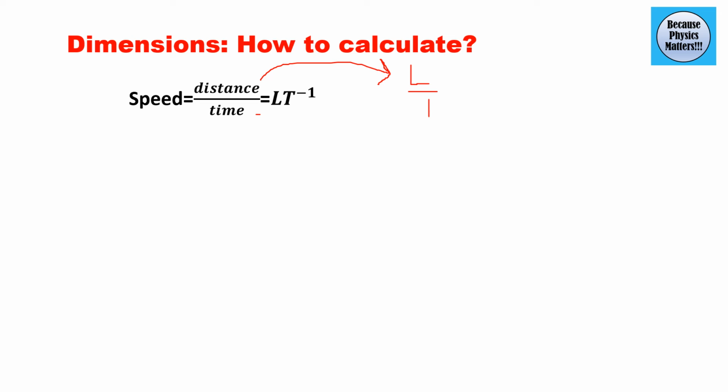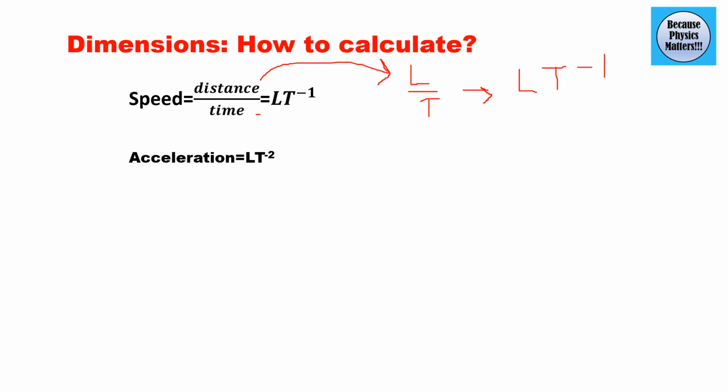So in the dimensional formula you can write L by T, which is simply equal to LT minus 1. So that is the dimension of speed.